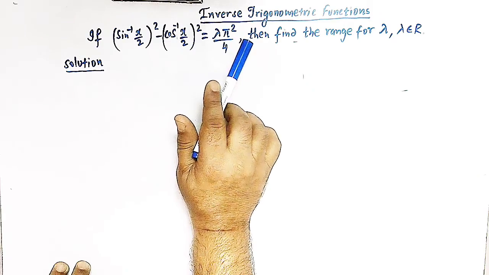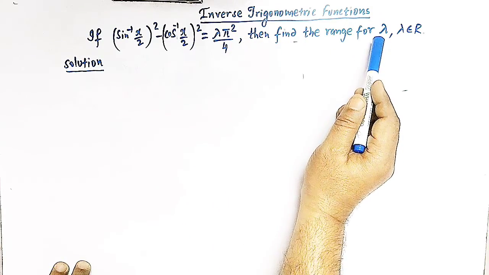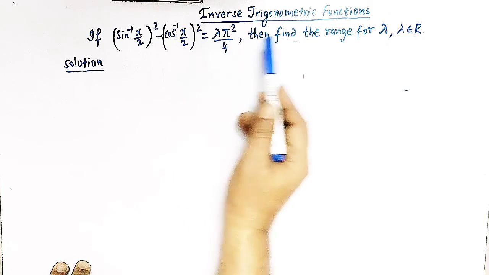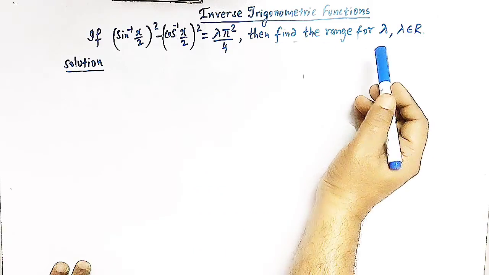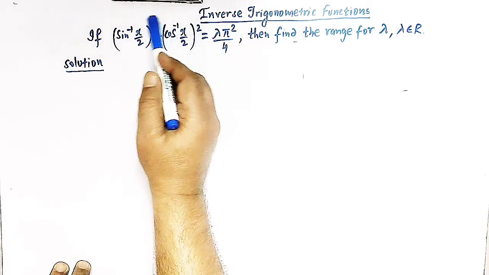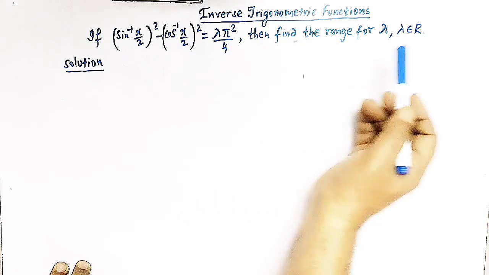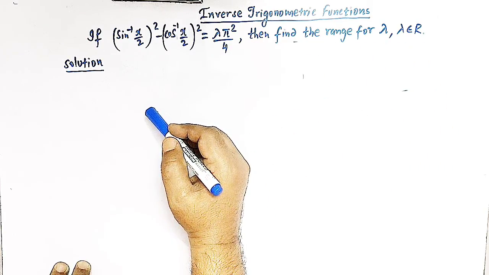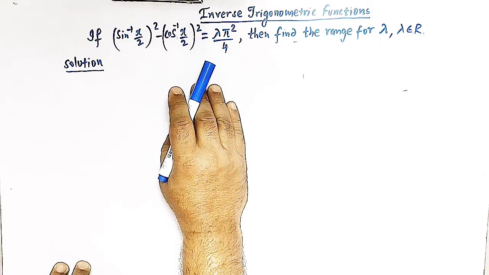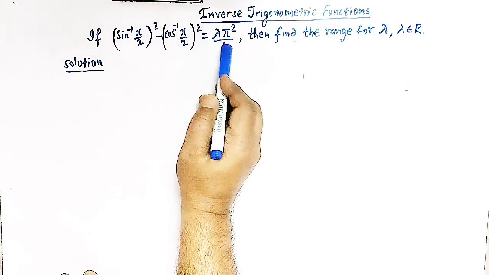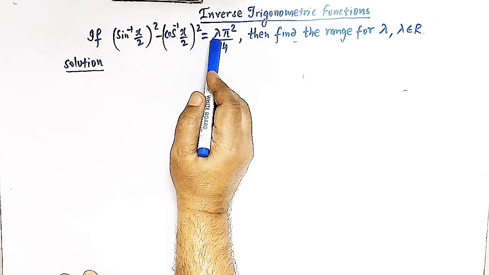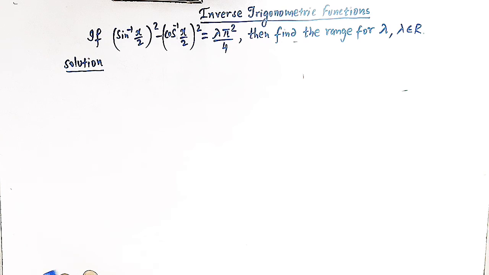And here we have to find the range for lambda, that is, all the valid values of lambda for which this expression is defined, where lambda belongs to the set of real numbers, right? So let us see how we can find the range for this parameter lambda using some properties from inverse trigonometric functions. So let us start.